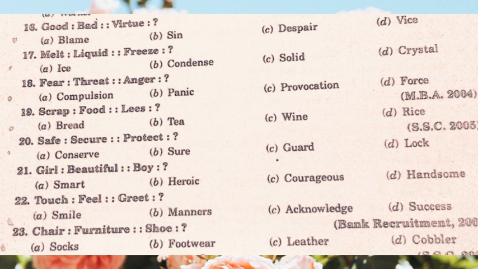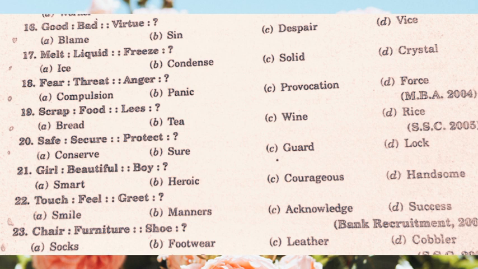So the option is C, solid. If we consider water, if we melt the ice, it will be converted into liquid, and if the water is frozen, we will get ice. But they mentioned states of matter here, so the answer should be a state of matter. So answer C will be right.